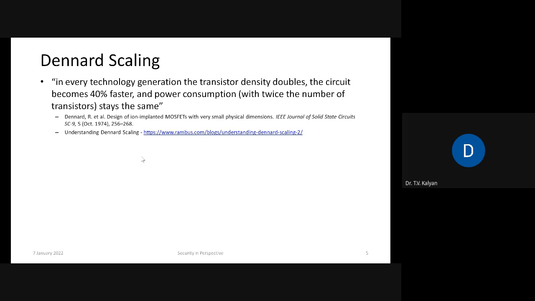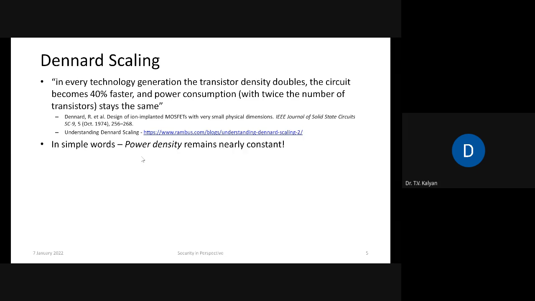And if you remember the dynamic power, C V squared F, even though the frequency F is increasing and the C, from the number of transistors contributing to the capacitive load, will increase, it will be negated by the decrease in the voltage. That was the primary observation that Dennard made.